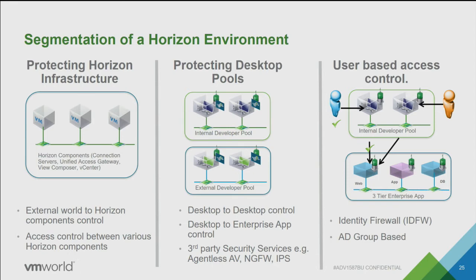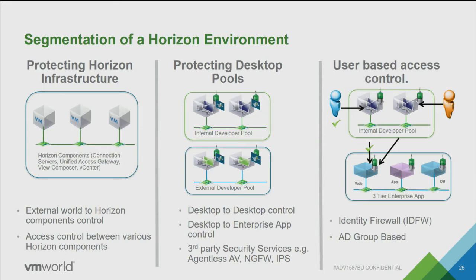Then there's protecting the actual desktops themselves. I would say in most cases in VDI, you don't need desktops to communicate with each other. They just need to communicate with the back-end resources, application resources that they need access to. So by default, you want to have all your desktops segmented and have a rule that no desktop can communicate to each other within the enterprise.